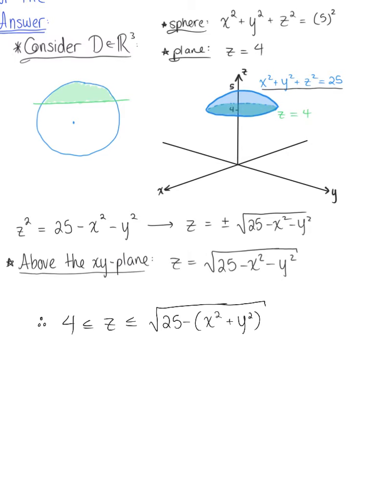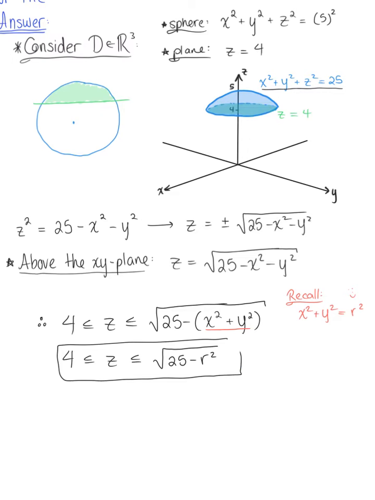Now, again, keeping in mind that we're required to use cylindrical coordinates in this example, we want to replace x squared and y squared with r squared. So we can say z is greater than or equal to 4, less than or equal to the square root of 25 minus r squared.